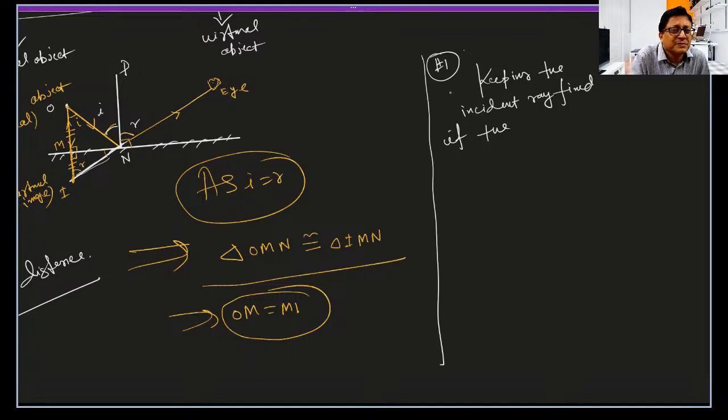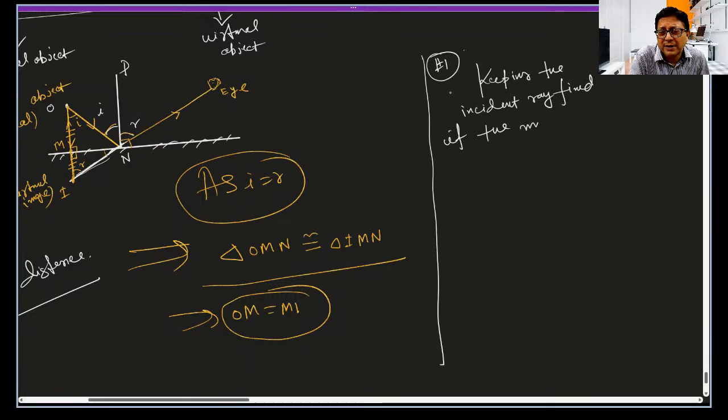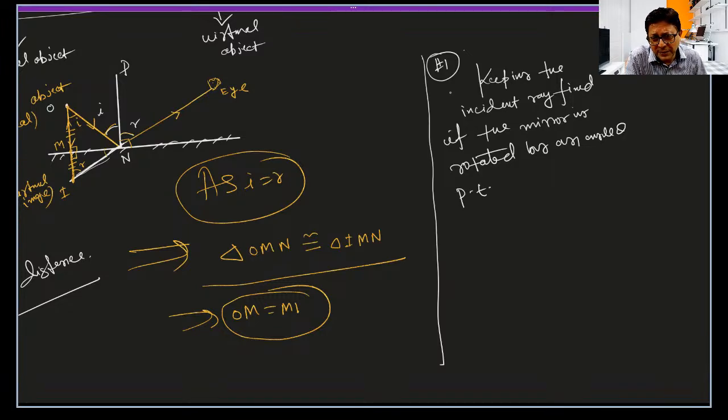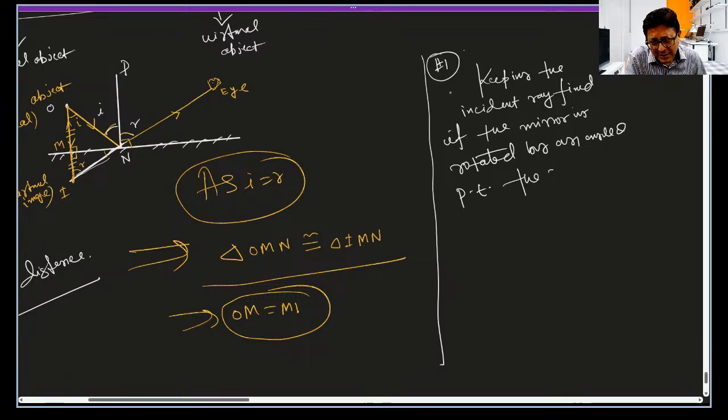If the mirror is rotated by an angle theta, prove that the reflected ray rotates by 2 theta.